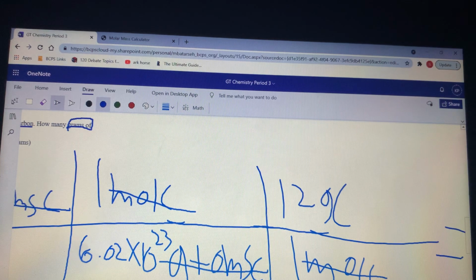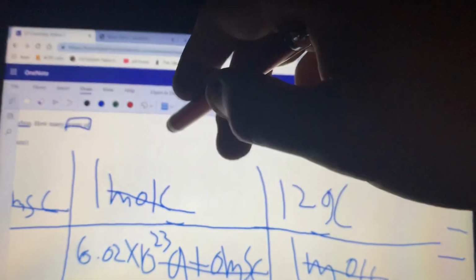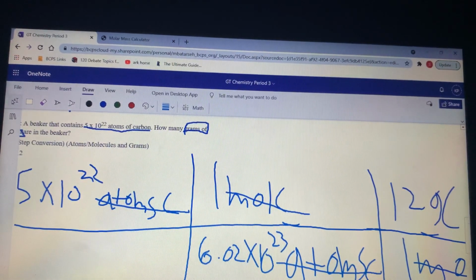So we know that we have 5 times 10 to the 22 times 12, which is the same as 60 times 10 to the 22 power, because 12 times 5 is 60. If we move the decimal point over 1 to the left, we get 6 times 10 to the 23rd.